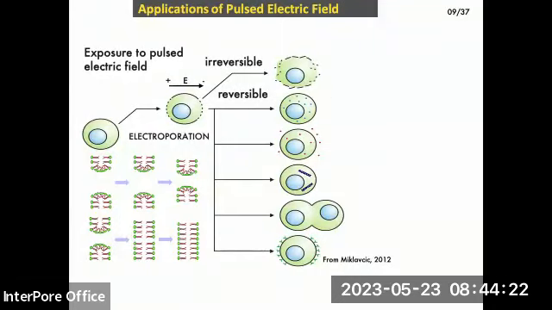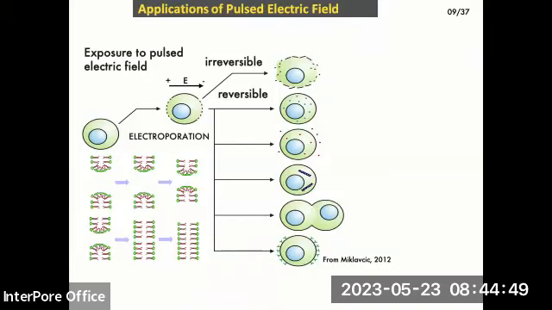If we expose the cell to the electric field, you can obtain the phenomenon which is called electroporation. This electroporation can be irreversible or it can be reversible. For the reversible electroporation, the pores open and the cell membrane reseals after the treatment.